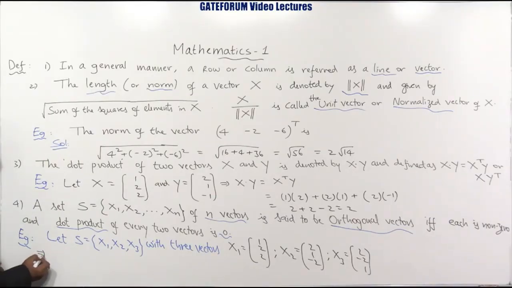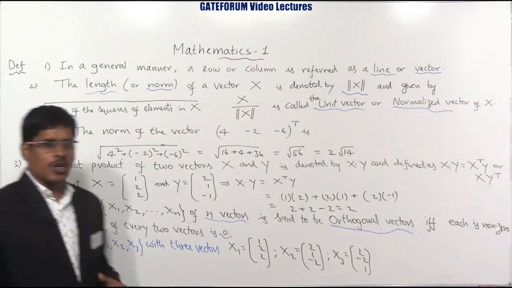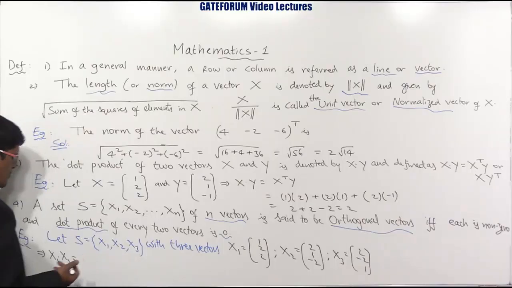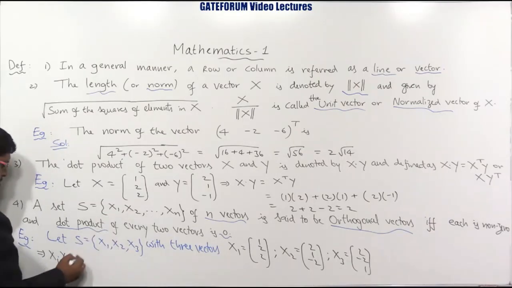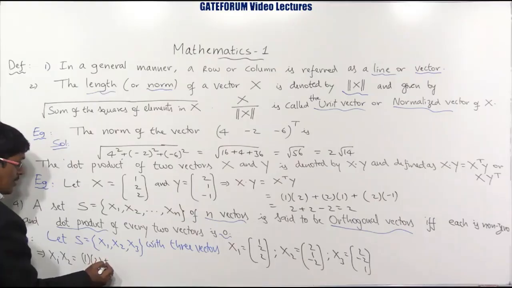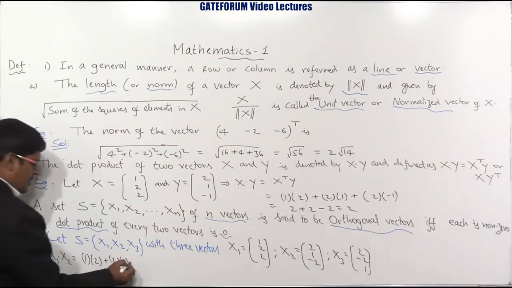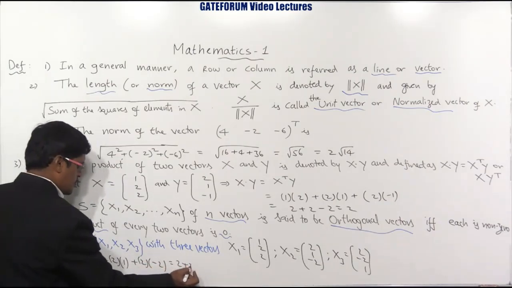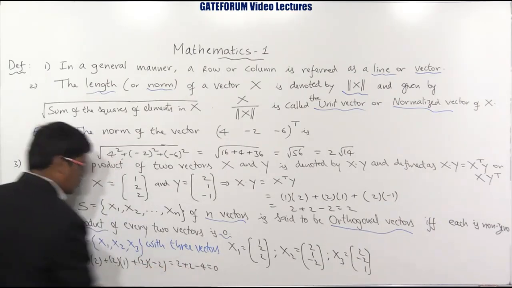In this, x1 dot x2. That means pairwise dot product is 0. Pairwise means any two vectors, every two vectors dot product. So first element into first, 1 into 2, second element into second element in x1, x2, correspondingly multiplied and adding, plus 2 into minus 2. So 2 plus 2 minus 4 is equal to 0.